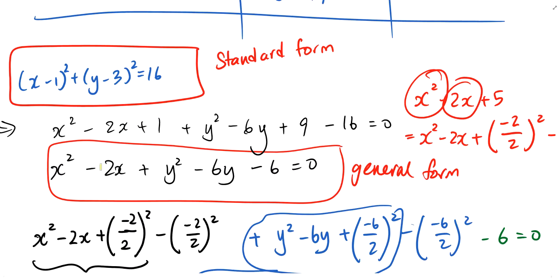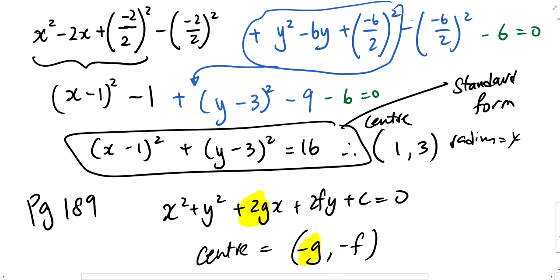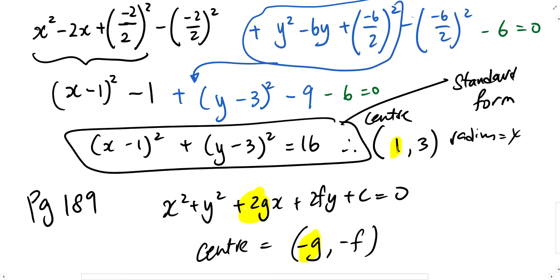Looking at the coefficient of x, in this case negative 2, I divide by 2, what do you get? Negative 1. Then you flip the sign, you get 1. There. That's the center. Okay, let's look at the y value now.